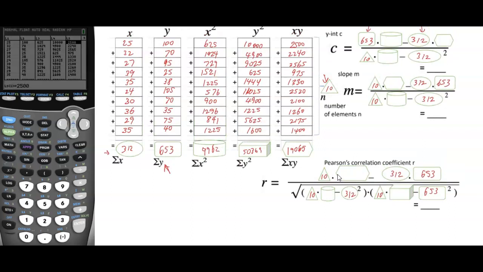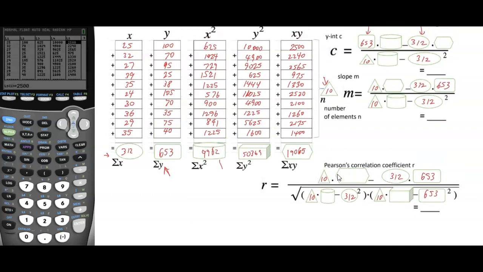And then we're going to put into the cylinders 9962. And then in all the prisms, we're going to put 50369. And then finally, in all the hexagons, we're going to put 19,065.